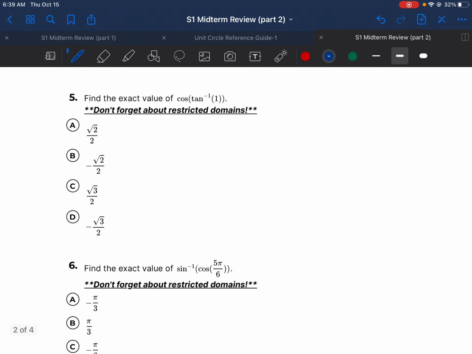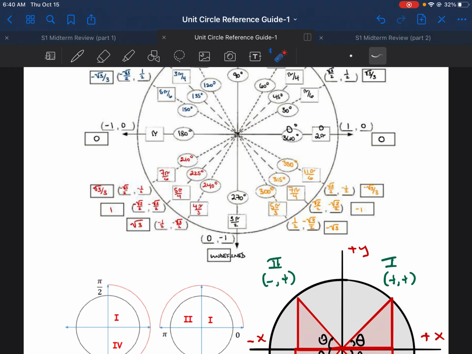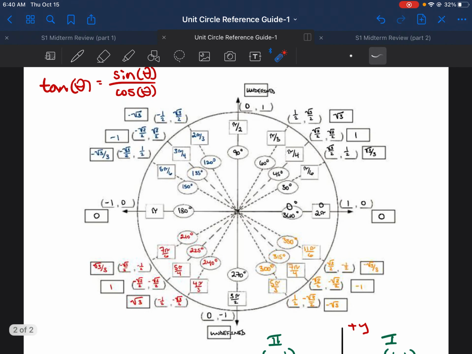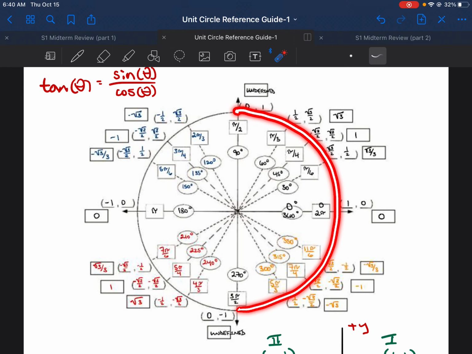Moving on to problem number 5, we want to find the exact value of the cosine of the inverse tangent of 1. With these trig compositions, we know that we want to start on the inside. So we want to start with the inverse tangent of 1. Well, let's remind ourselves of our domain restrictions. When working with inverse tangent, we want to be restricted to negative pi over 2 to positive pi over 2. And we are trying to find, from negative pi over 2 to positive pi over 2, which angle has a tangent value of positive 1.